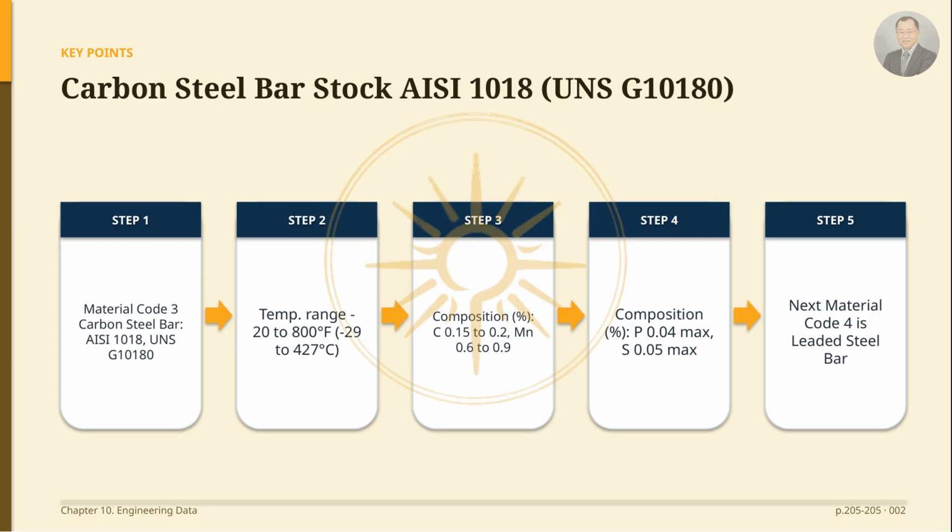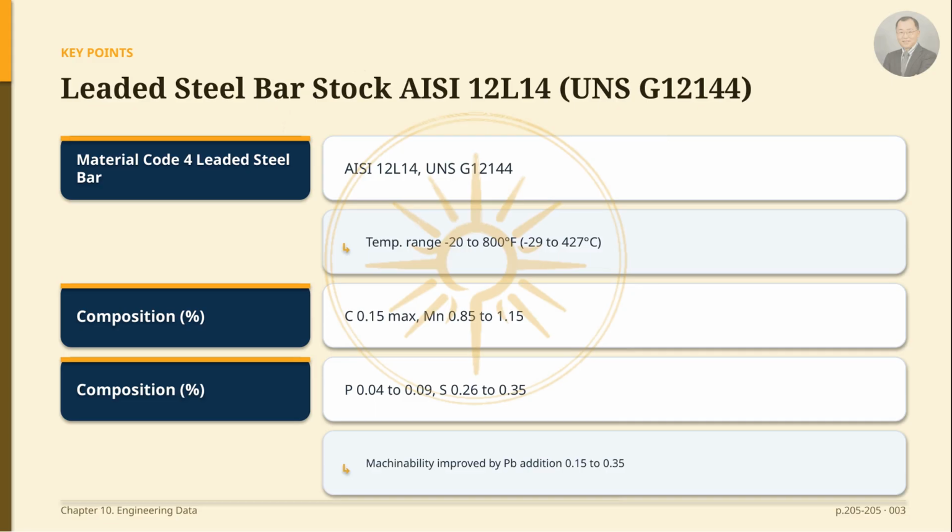Material Code 4, leaded steel bar stock, follows immediately. Material Code 4 is leaded steel bar stock, AISI 12L14, UNS G12144. The operating temperature range is -20 degrees Fahrenheit to 800 degrees Fahrenheit, or -29 degrees Celsius to 427 degrees Celsius.